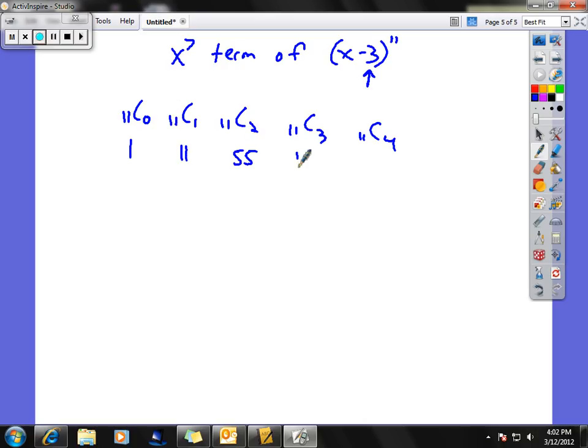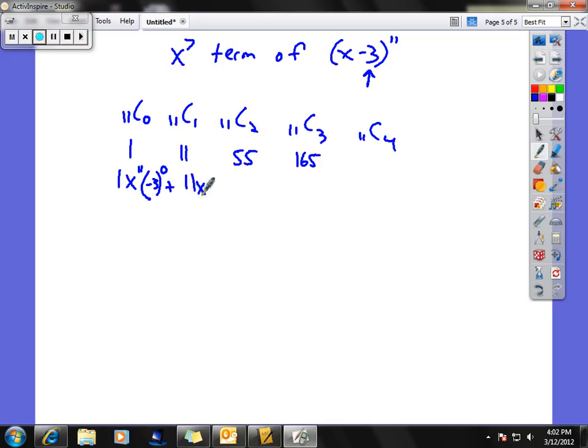I'll stop there. Okay, so those are the coefficients. So remember that this 1 is going to go in front of x to the 11th, and then this is where you've got to be careful now. Negative 3 is our second term. So it's going to be negative 3 to the 0. It doesn't matter on this term, but here it does.